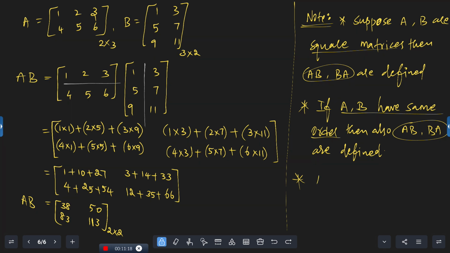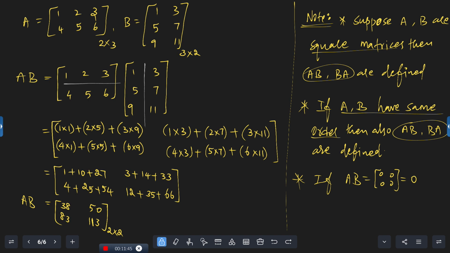When you multiply A matrix and B matrix, if you get a 0 matrix, it is not necessary that A matrix or B matrix should be 0. It is not necessary.